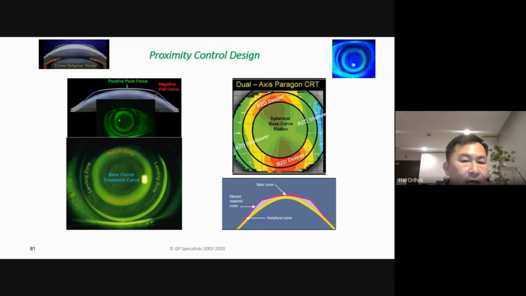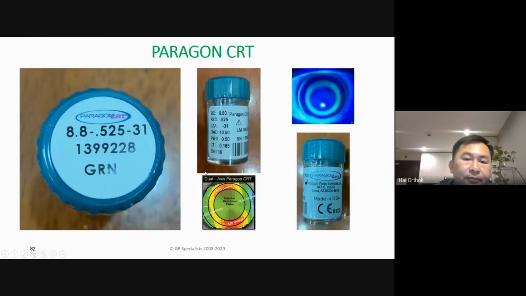And the thickness of the Paragon CRT lens is only 1.89 millimeter, compared to 2.4 millimeter in other designs. So it is a very good lens design for low myopia, especially under 6 diopters of myopia.